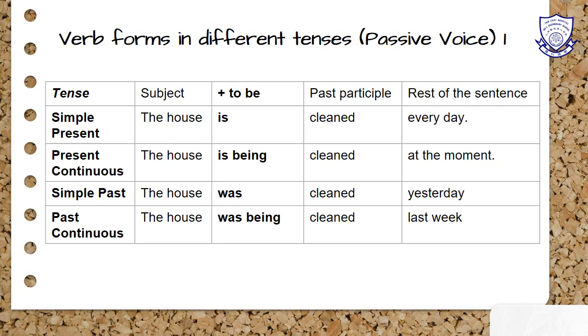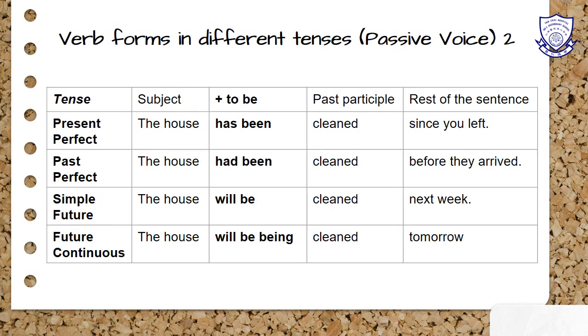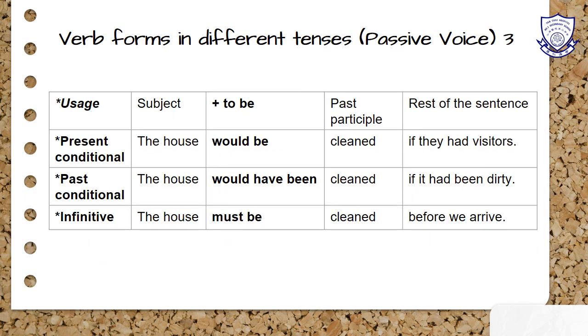So I'm not going to explain much here because, truth be told, you have to remember these forms by heart. On this page you see the tenses: simple present tense, present continuous tense, simple past tense, and past continuous tense. And then you see present perfect tense, past perfect tense, simple future, and then future continuous tense.